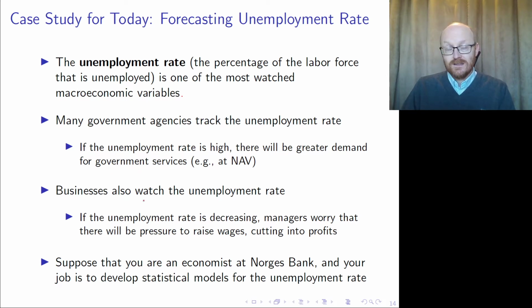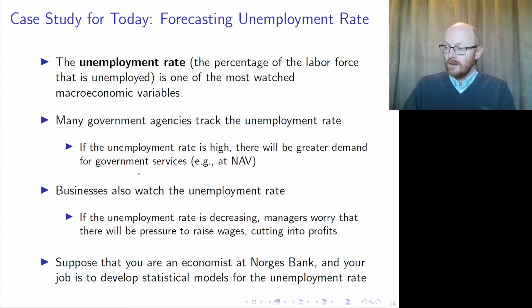And businesses are also quite interested in the unemployment rate, because if the unemployment rate is decreasing, then managers worry that there will be pressure to raise wages, because if the unemployment rate is low, then businesses have a hard time finding people they want to hire.